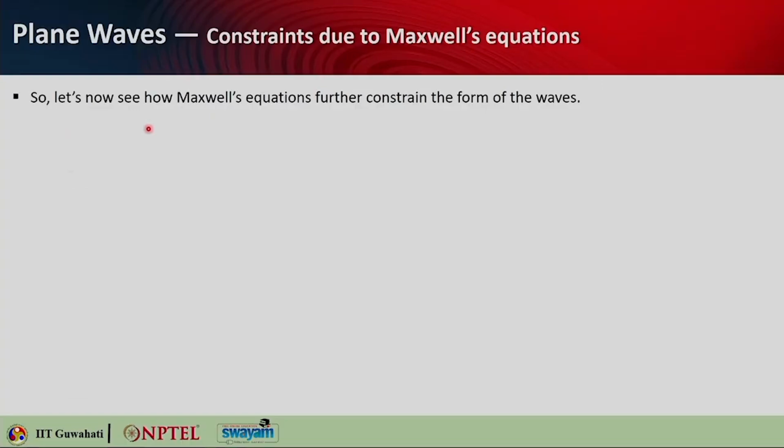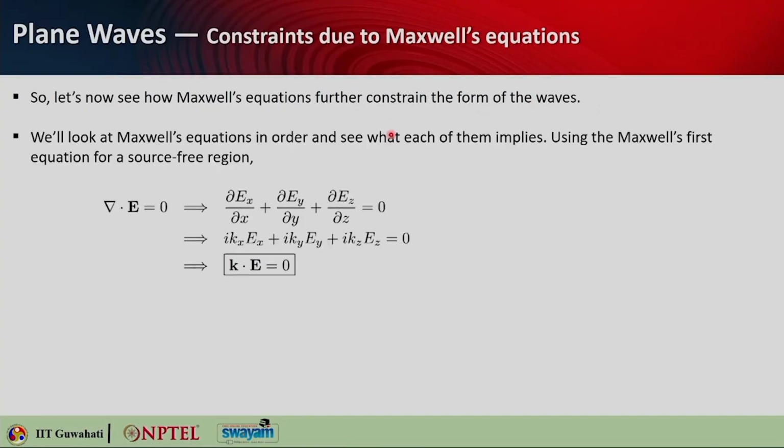Now let's see how Maxwell's equations can further constrain the form of the waves. Let's look into Maxwell's first equation for a source-free region. Here is Maxwell's first equation when there is no source, that is rho, the charge density, is 0. So you can simply write del dot E equals 0.